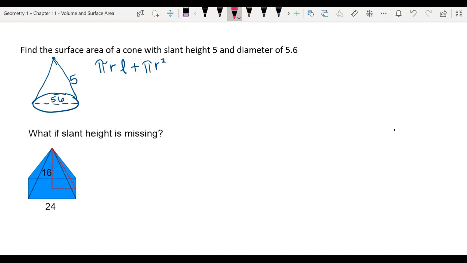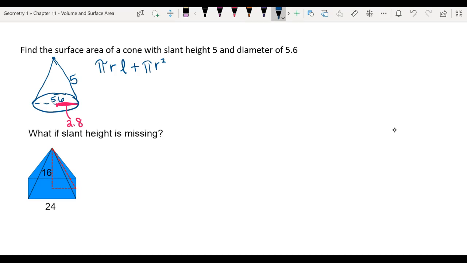If my diameter is 5.6, what do I have to do to that to find my radius? Divide by 2. 5.6 divided by 2 is 2.8. So your radius then, this length is 2.8.